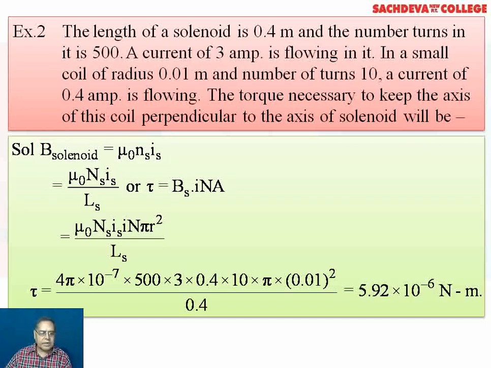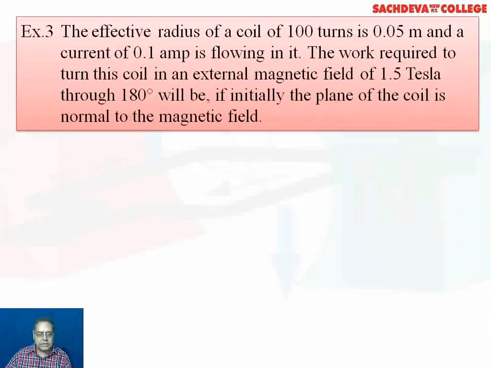This can be further elaborated as mu naught NS IS divided by LS, or tau is equal to BS into I and A. And after putting all the values and making the calculations, the value of torque comes to be 5.92 into 10 to the power minus 6 Newton meter. However, you will remember that Newton meter means joule. So tau can be expressed in joule or in Newton meters.